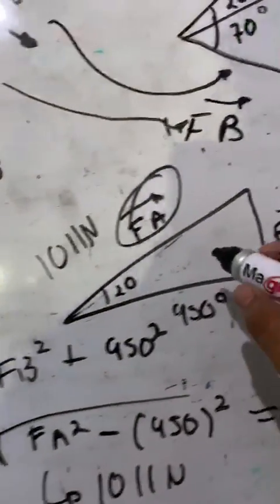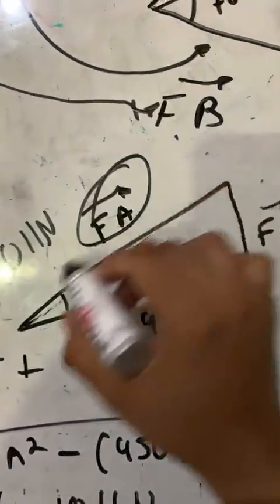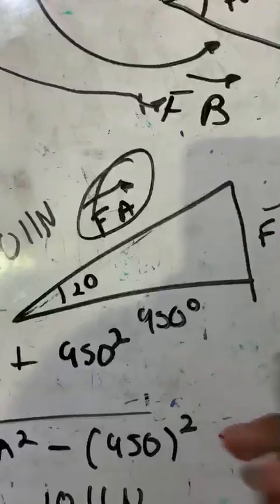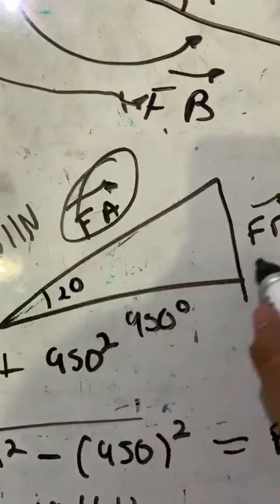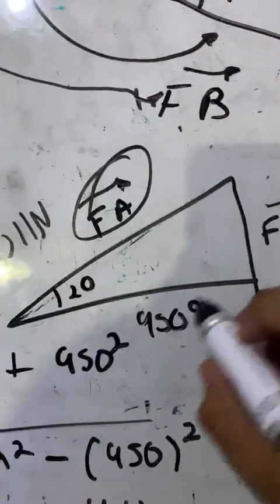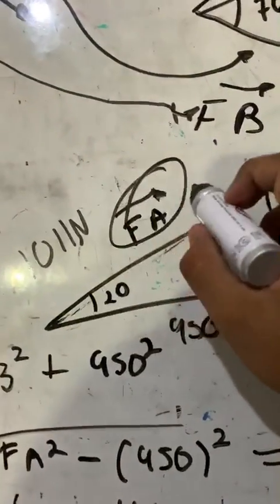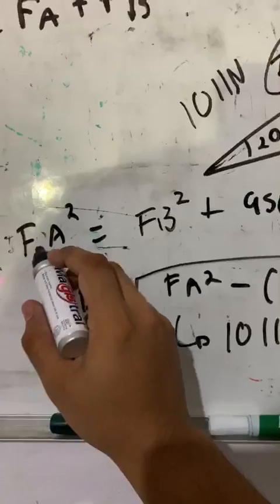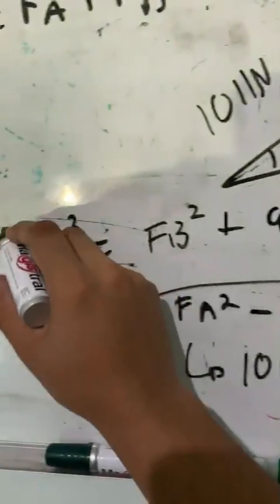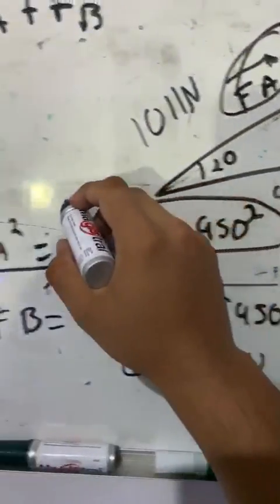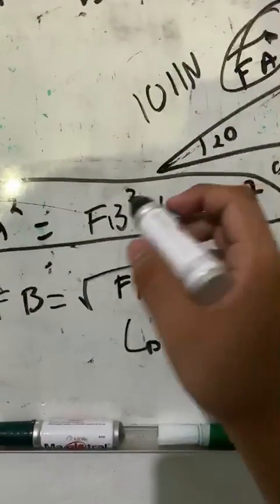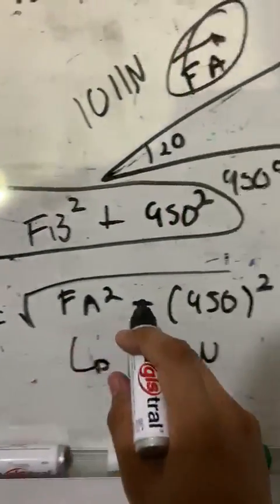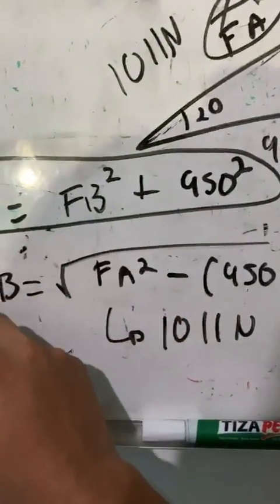So we know that force A is the hypotenuse of this triangle, and the other sides sum and equal to the hypotenuse. So I already made the equation. This is a normal equation for Pythagoras, but we have to clear to find force B, and finally we get this clearly for Fb.